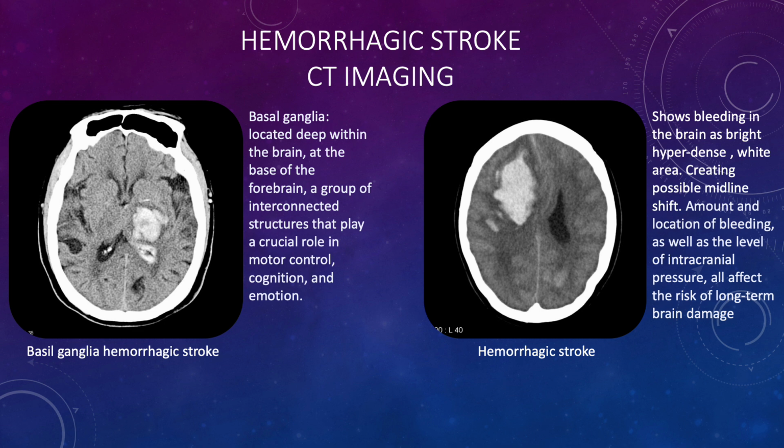These are seen deep inside the brain, kind of close to the midline. These are the ones that really affect motor control, cognition, emotion, and all that kind of stuff. On the right side is a hemorrhagic stroke at its first scan. Of course, very identifiable as it is not supposed to be there when you know brain anatomy.